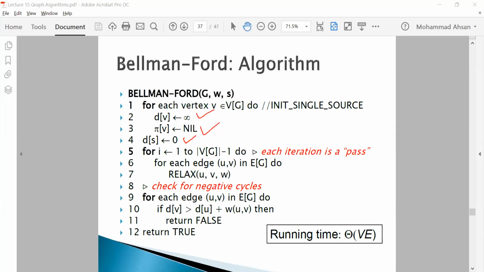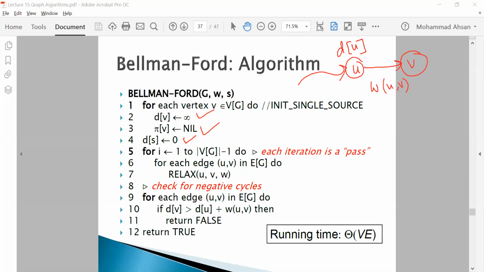So what is relax? I told you, if you have two vertices u and v, so there is some path coming, and the distance of this is du, and the weight of this edge is represented like this.